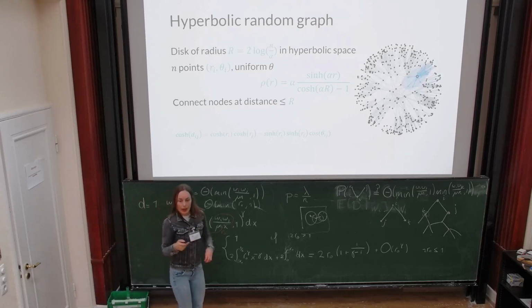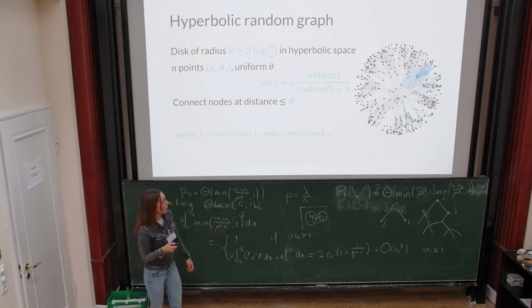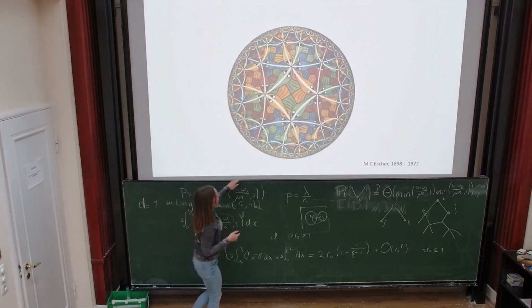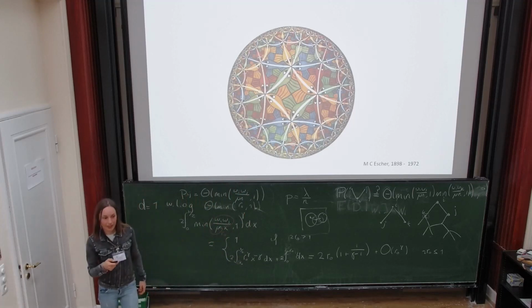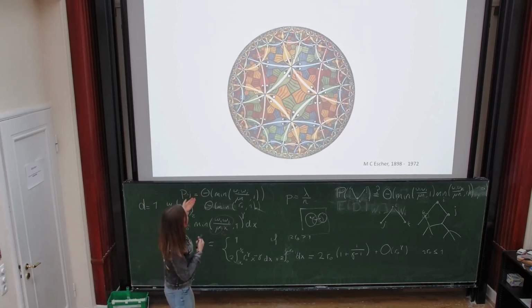Now, you could wonder why you would even want to think about random graphs in hyperbolic space. So I just put a picture here also of a Dutch artist, Mr. Escher. He was not a mathematician at all, but it seems like he did know hyperbolic space and it made him very popular.